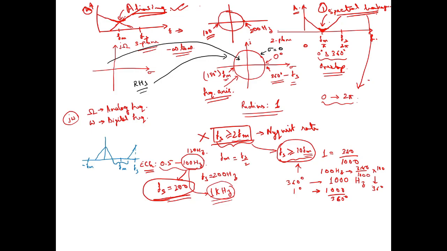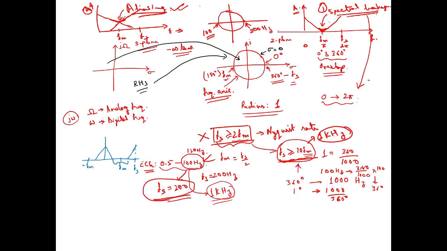But since we use low cost data acquisition systems for teaching purposes, it has been found that the FS should at least be 10 times FM. That means how much? 1 kilohertz. The sampling frequency will be 1 kilohertz.